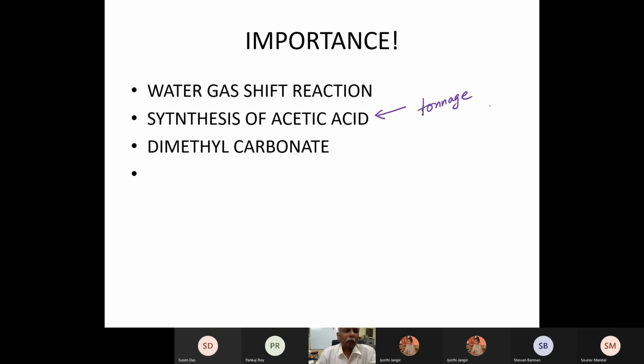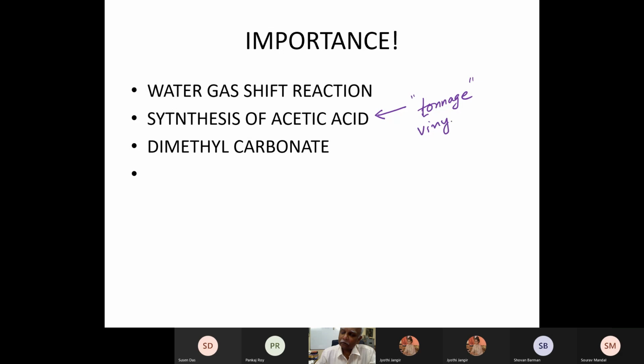You might be wondering why acetic acid is needed in tonnage quantities. It's used in tomato ketchup, but it's not because of the increase in the amount of pizzas that are consumed.